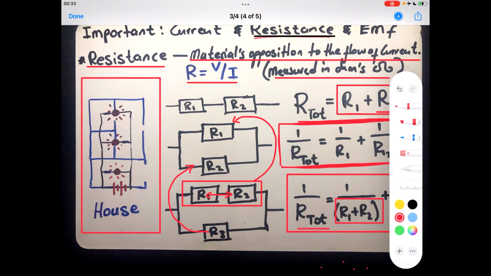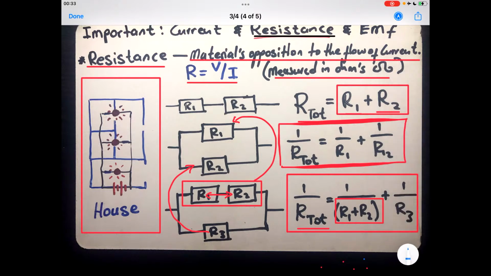Remember guys, this is me during my time, saying okay, if we've got a house, it's easier to say that within a house, possibly we have a parallel type of connection. It might be parallel, and within that parallel you still have a series connection.